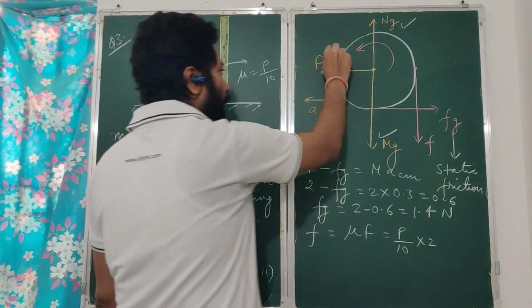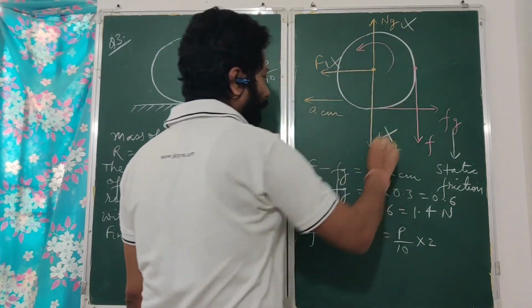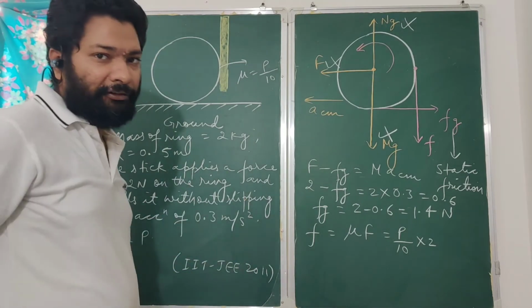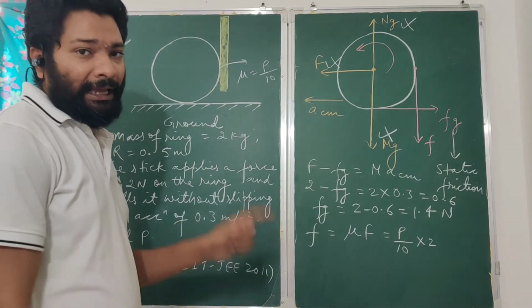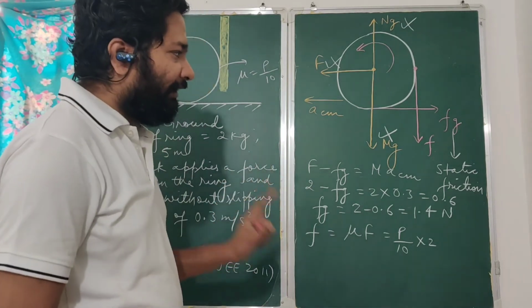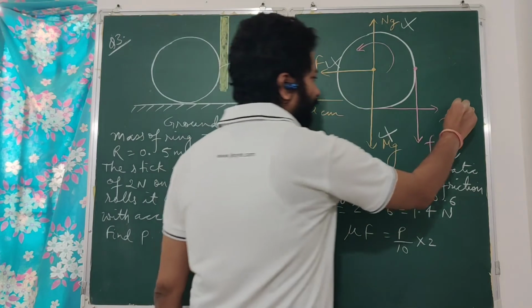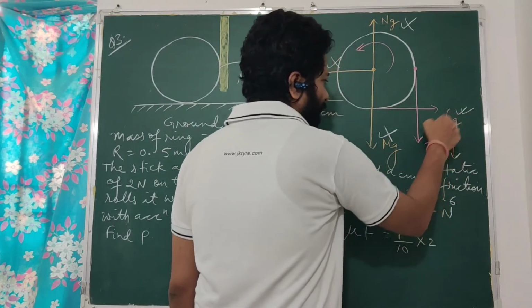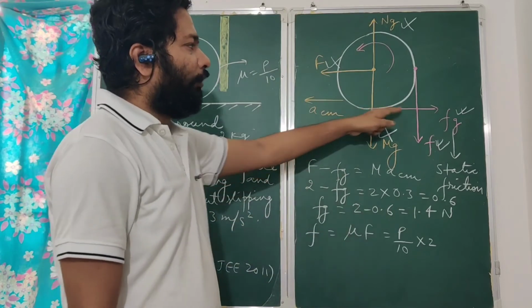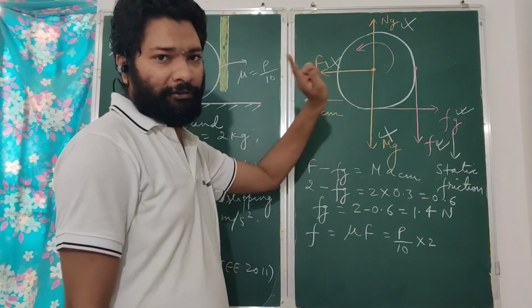So these forces are not going to produce any torque about center of mass, because the perpendicular distance between the line of action of the force and the axis of rotation becomes 0. That means there are only two forces which can produce torque: these two frictional forces, because they are not passing through center of mass.